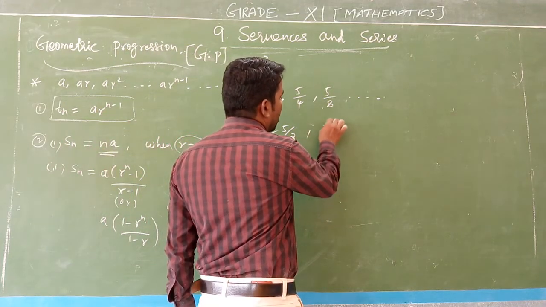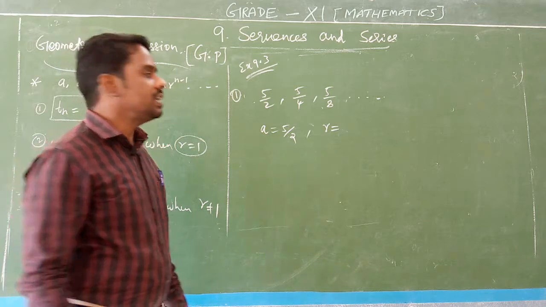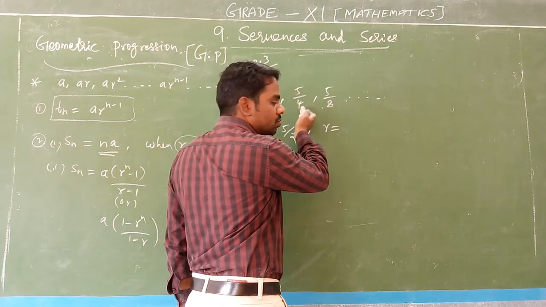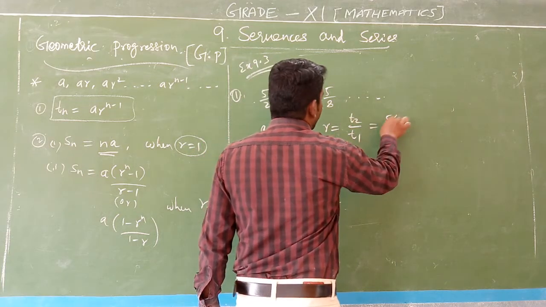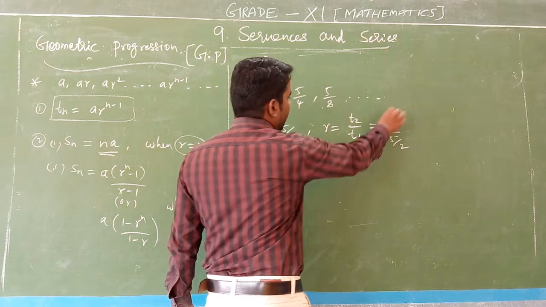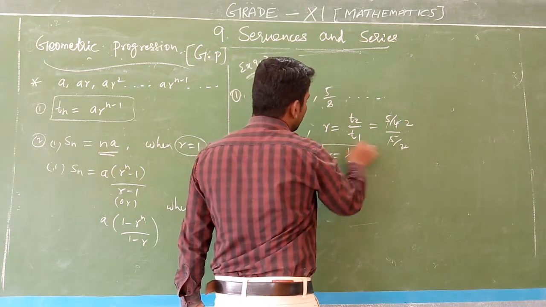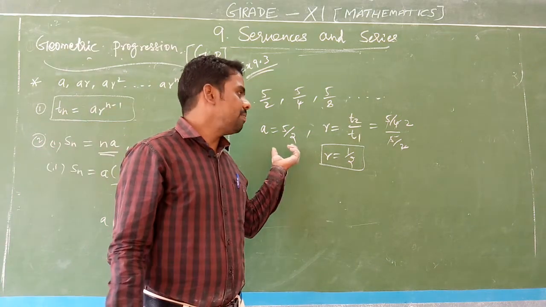And r is the common ratio, which is term 2 divided by term 1, that is 5 by 4 divided by 5 by 2. So r is equal to, 5 cancels, 4 by 2, that is 1 by 2. The common ratio is 1 by 2 and the first element is 5 by 2.